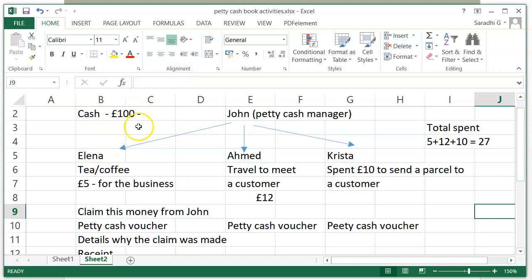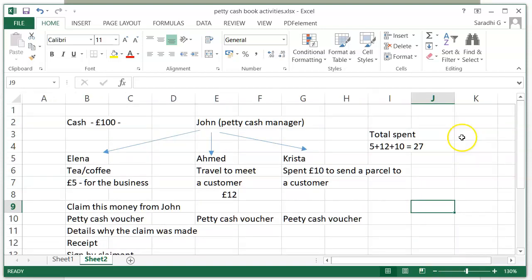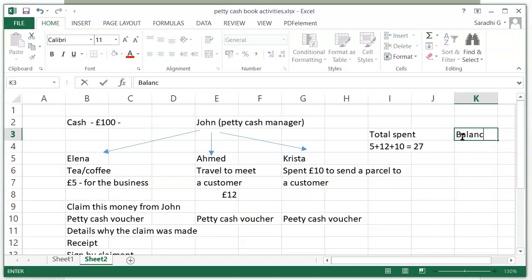But at the beginning they have 100 pounds. Once you finish preparing, you need to calculate the balance. So how much money is left over? The balance will be 100 minus 27, which is going to be 73 pounds.